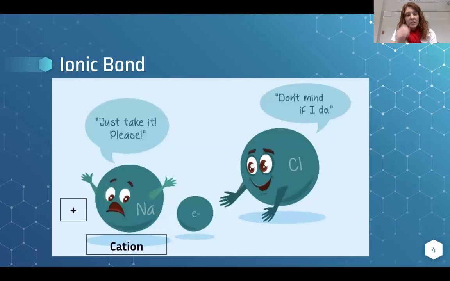In this depiction, we see that sodium becomes labeled as a cation with a positive charge because it got rid of its electron, and chlorine, gaining that electron, becomes an anion with a negative charge.